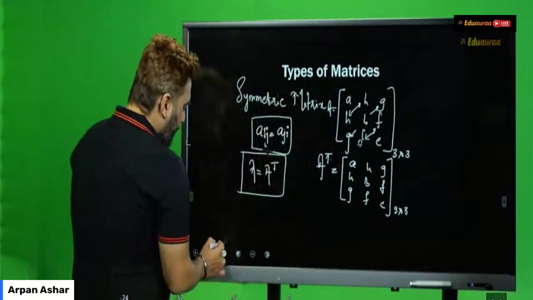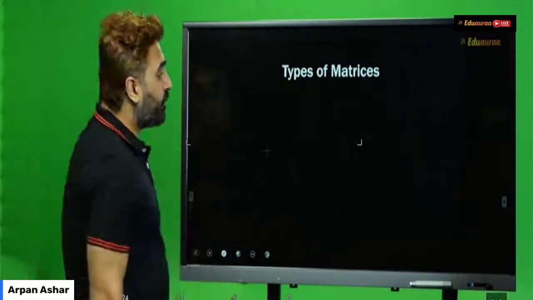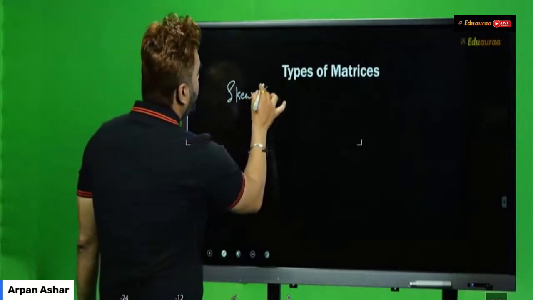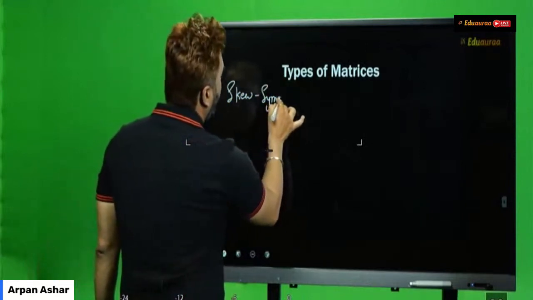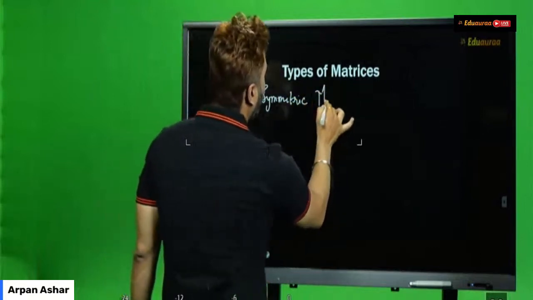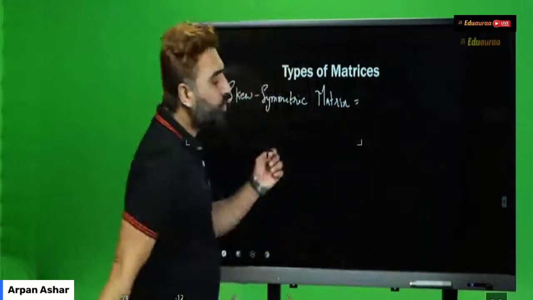Then students, after symmetric matrix, we have one more type of matrix, which is skew symmetric matrix. Now again, students, what will happen in a skew symmetric matrix?